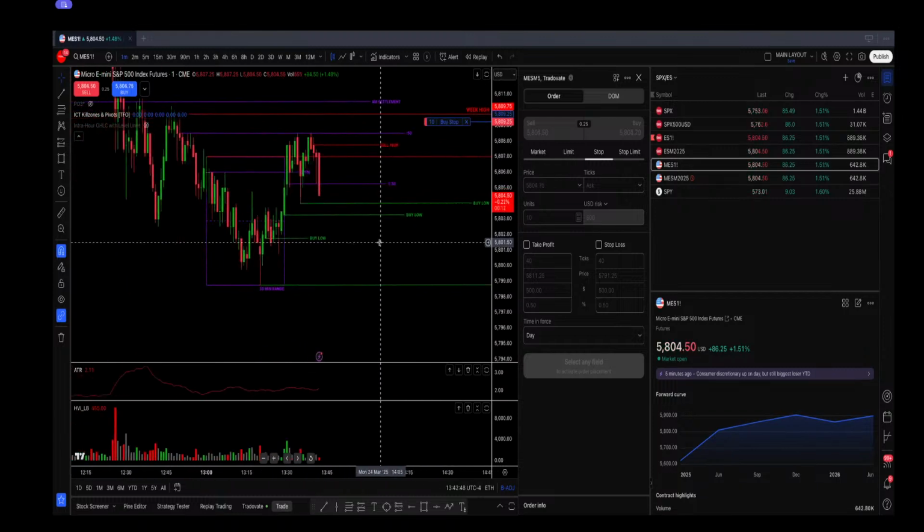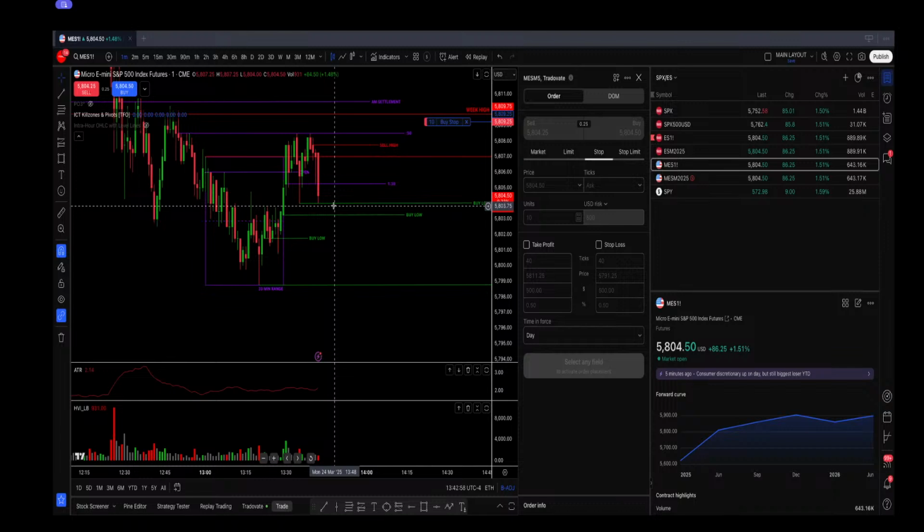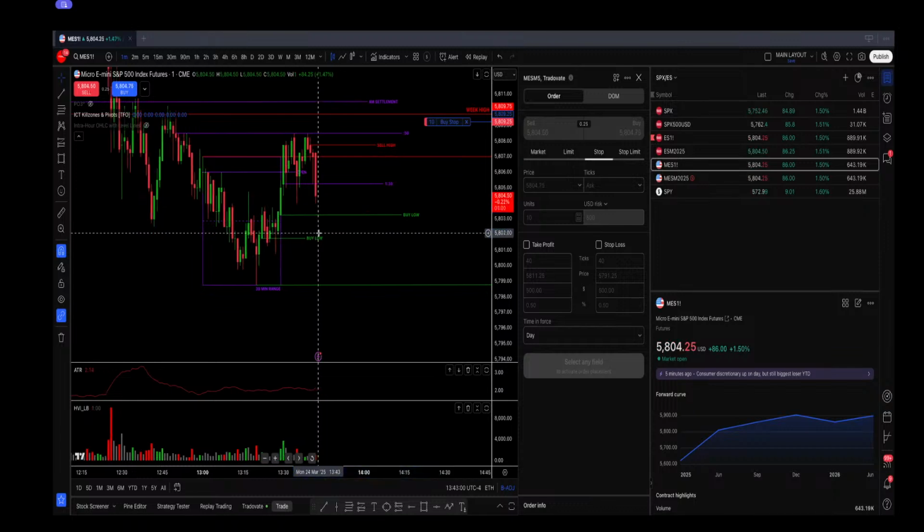There goes 130. That low is tagged. Not looking at that no more. I want to see that next low held. Two more minutes.